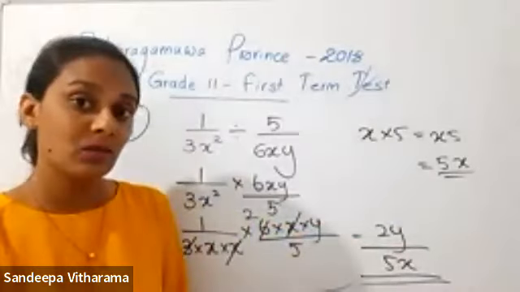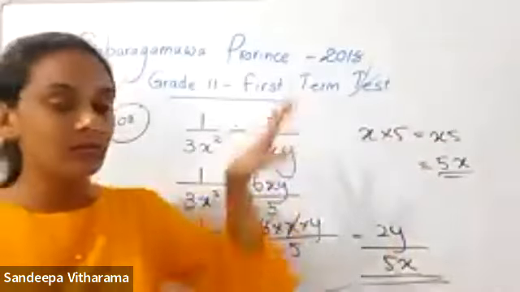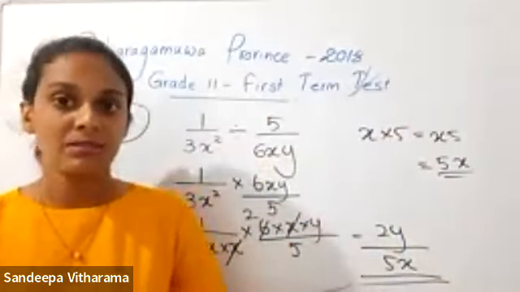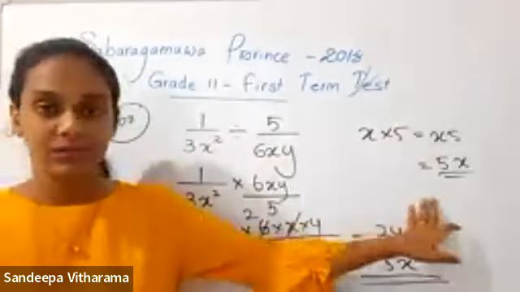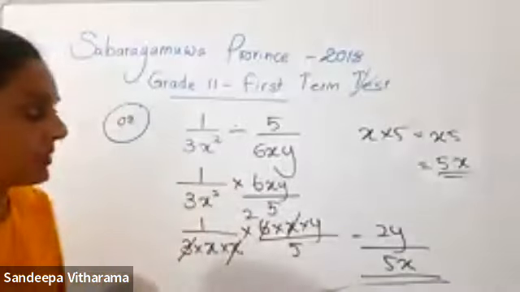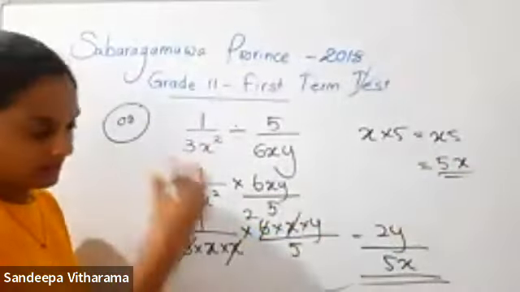That means they are unknown terms. But 5 is a known term. Okay, so we have to give the priority for the known term. So when you write a product of algebraic terms, you have to give the priority for the known. Okay, this is called the coefficient.